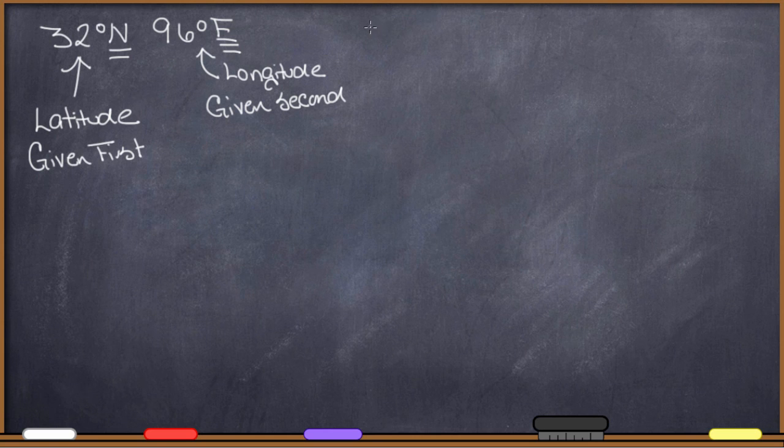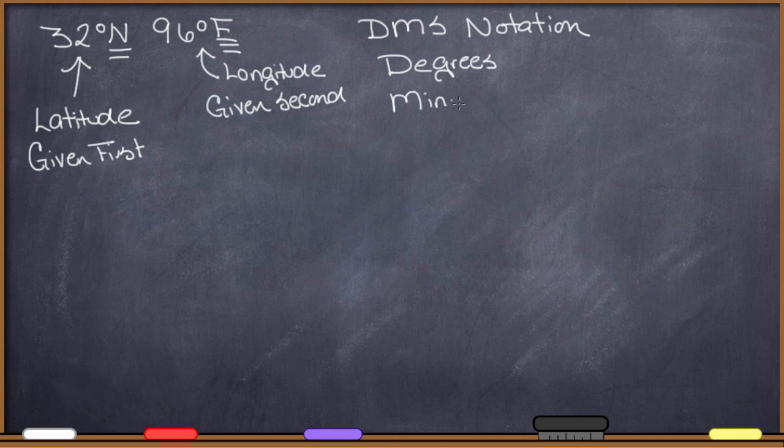Maybe you've heard of what we call DMS notation. This is very common, it's sort of the official way of giving latitude and longitude. DMS stands for degrees, minutes, seconds.